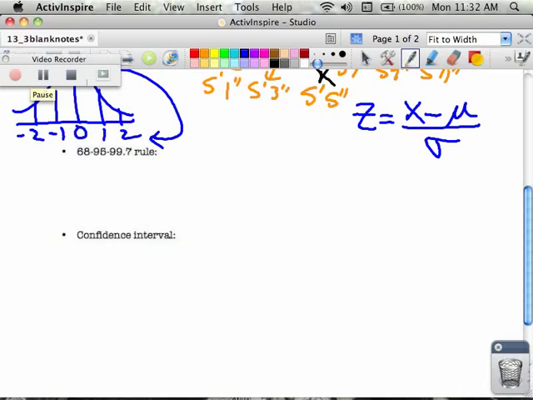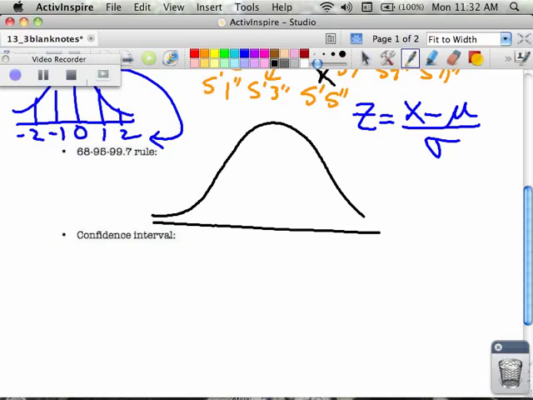All right, so there's a rule, and I talked about this a little bit last week. If you look at this normal distribution graph, and you look underneath this graph at some standard deviations, 1, 2, or 3 standard deviations in either direction, this 68, 95, 99.7% rule is saying the following.